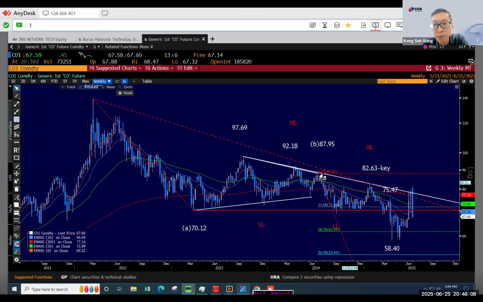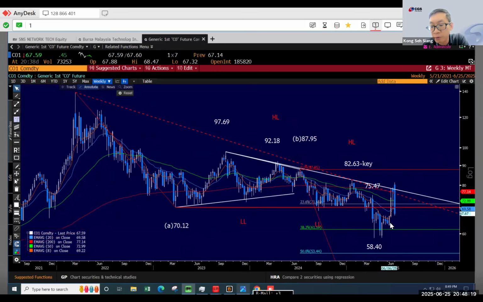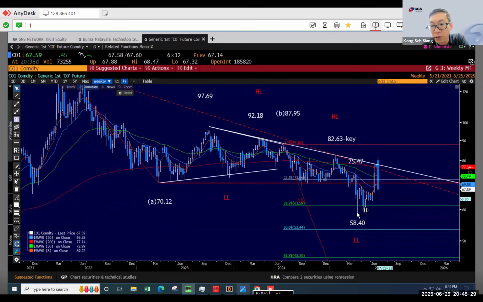So it tells you that we have been bearish against 82.63. As long as prices stay below 82.63, we will remain bearish for crude oil. Despite the war, prices rallied strongly but could not break this double resistance, forming a very negative candle. So odds will still favor more downside, possibly down to retest this 58 level over the next few months. So we maintain negative on crude oil prices.